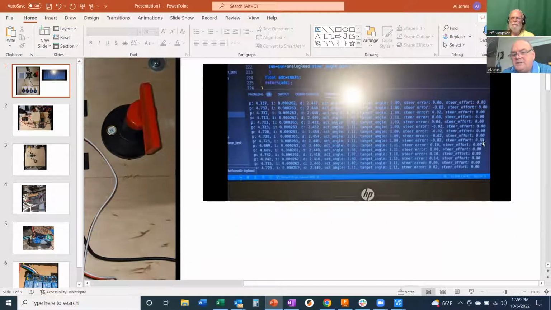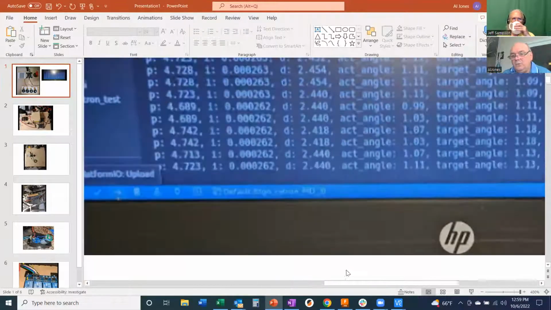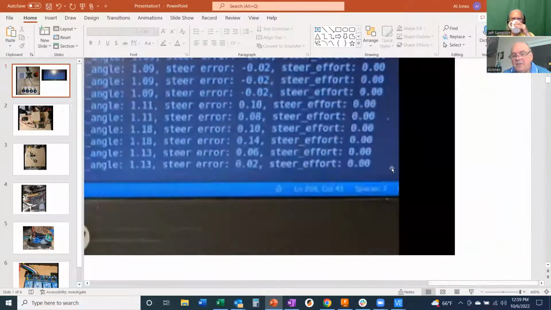The steer effort value would have been a number, say 50. It definitely should have been moving the motor, but the motor controller was not putting any power to the A or B channel, because I connected a voltmeter and it was like 0 volts.